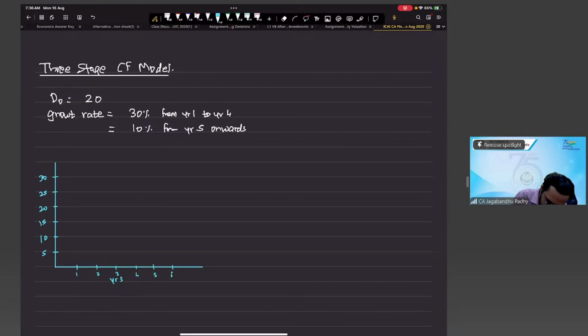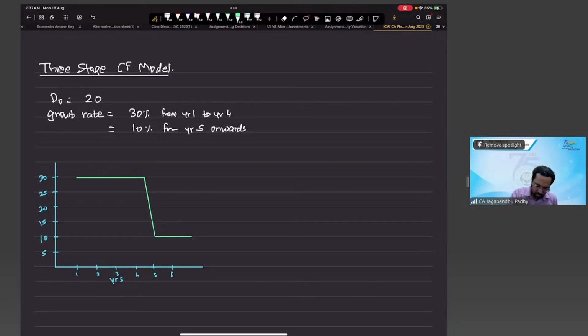What you're saying is that the growth rate remains 30% up to year 4, and then suddenly it drops from the 5th year onwards to 10% in one particular year, and then it just continues like this.